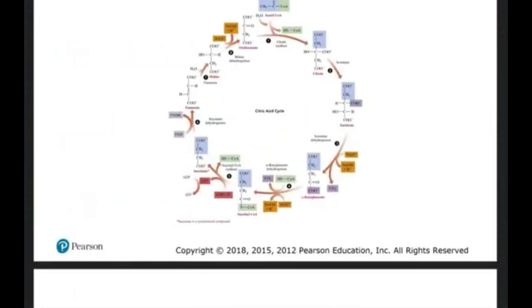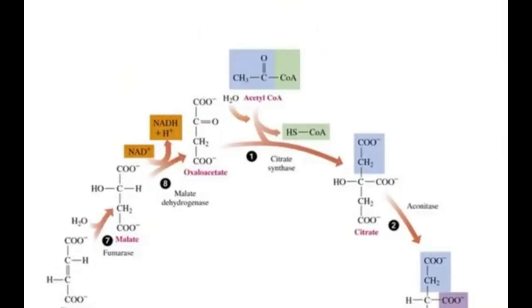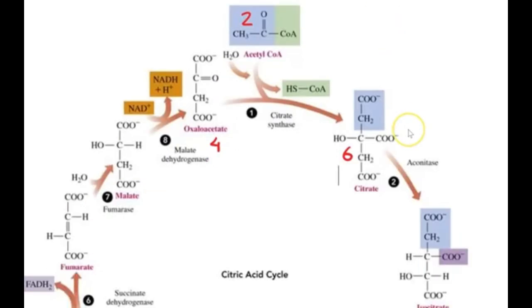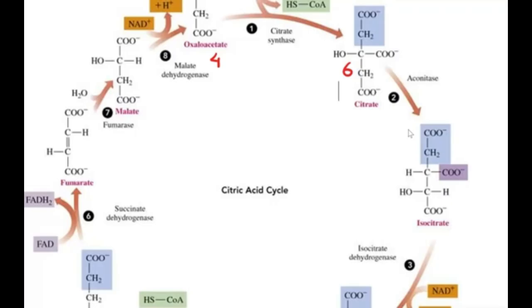Let's take a look at the illustration. What I'm going to do, I'm going to write down the number of carbons in each carbon-containing molecule, okay? So we're going to start with acetyl-CoA, which has 2. Oxaloacetate has 4. They are combined, generating 6-carbon citrate. Now, citrate, you don't need to know all the steps. It's a general description. I'm going pretty fast because nobody's going to ask you individual steps.